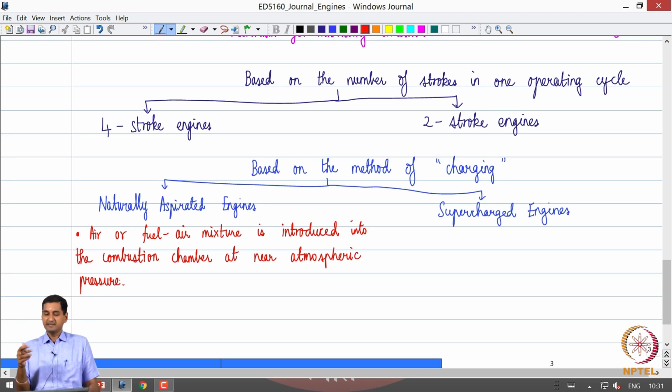Okay. So, that is a naturally aspirated engine. A naturally aspirated engine is one where the fuel air mixture or air is typically introduced into the combustion chamber at near atmospheric pressure.